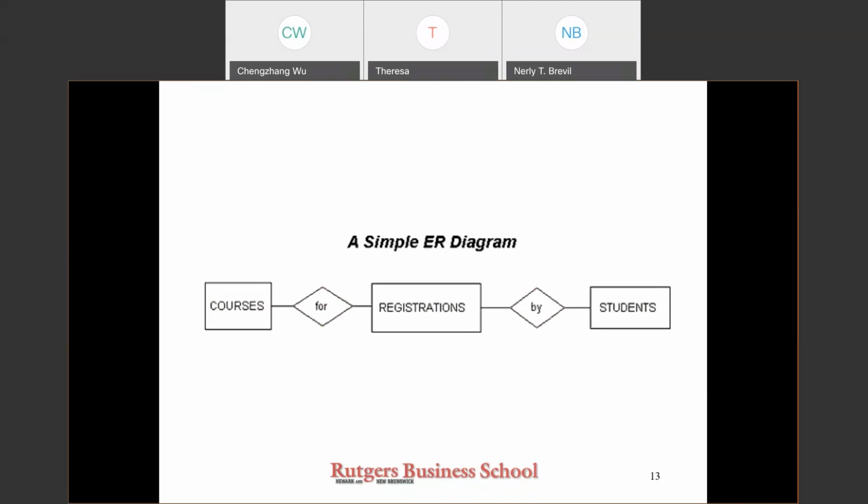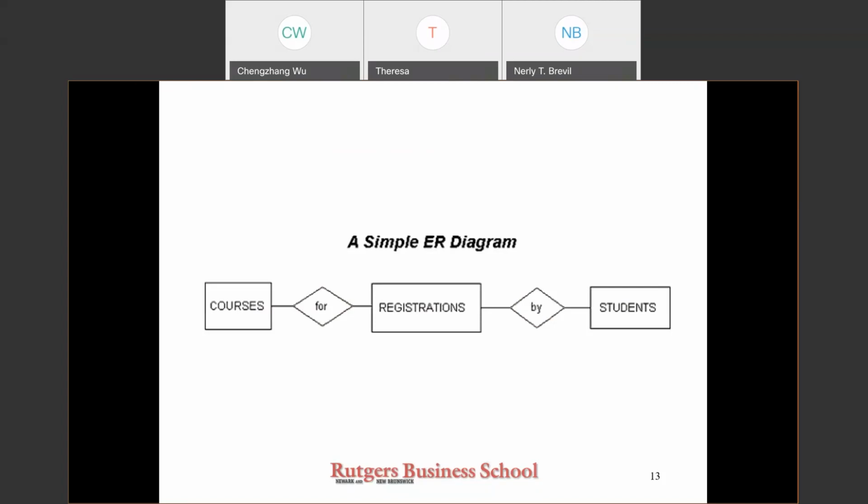In an educational institution, for example, the courses, students, and events such as registration are all entities.